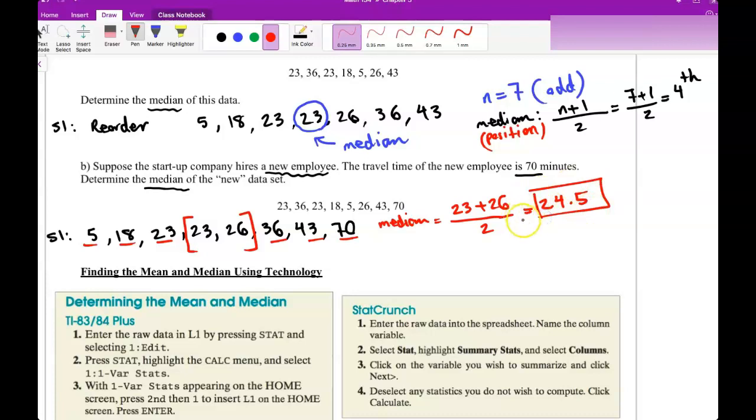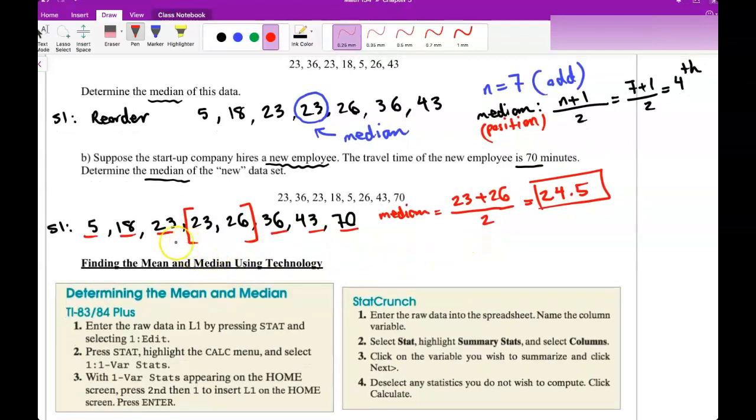This is our median. And what is the position of that one? It is between. So our median lies in this part here. It's between 23 and 26. So it's between the 4th and 5th place. Now here is the position.